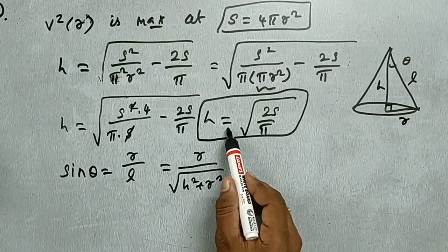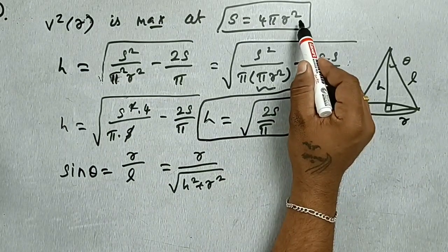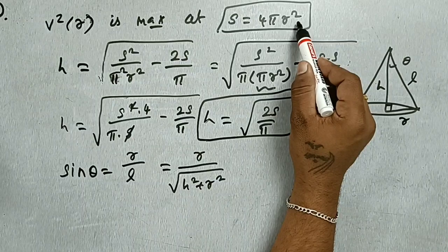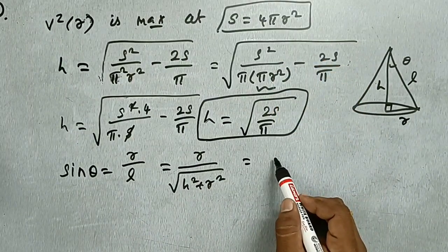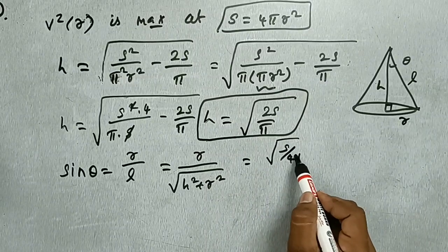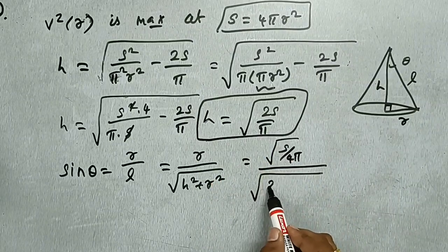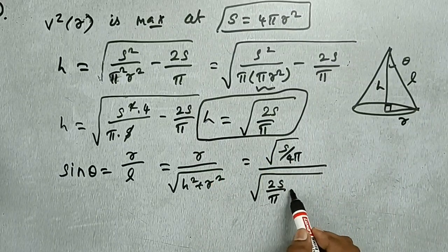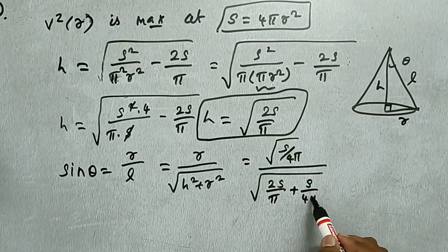Now the h value we found, the r value also we can use from this table. So from this, s equal to 4 pi r square. So r equal to, we have already written, square root of s by 4 pi, divided by root of h square, meaning the square of this, that is 2s by pi, plus r square, meaning the square of this, that is s by 4 pi.